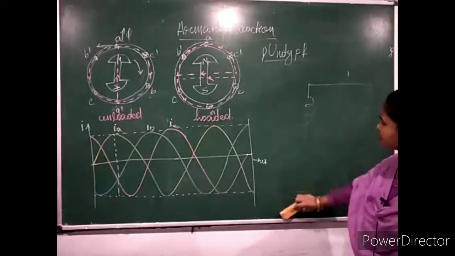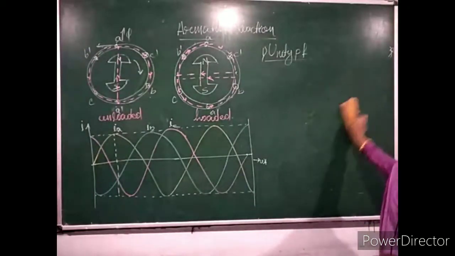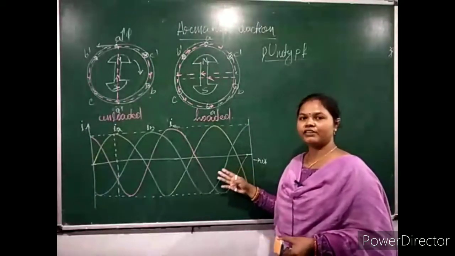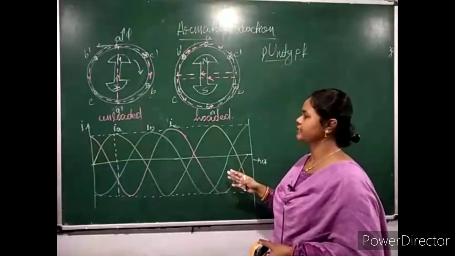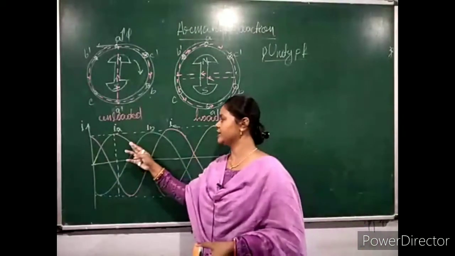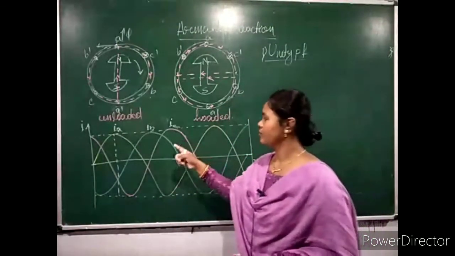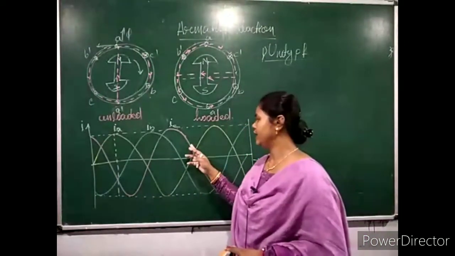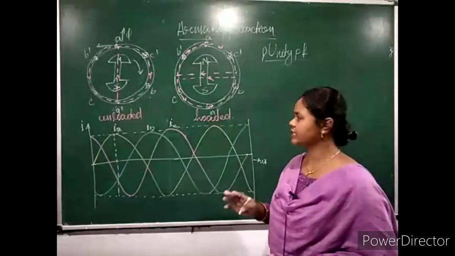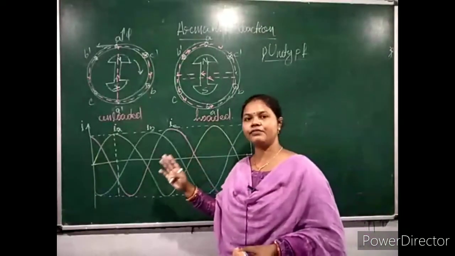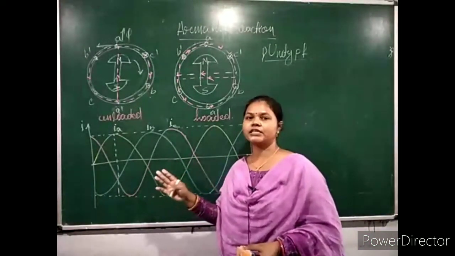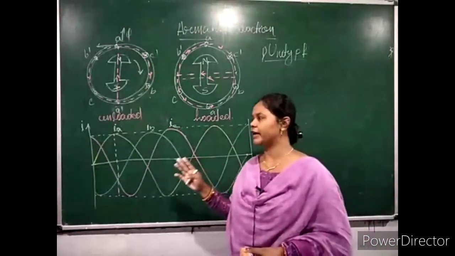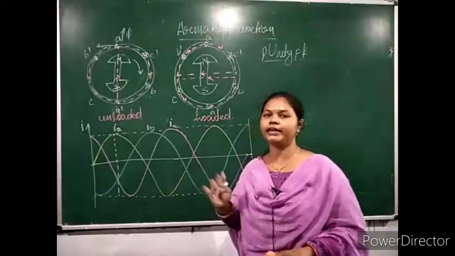So here in this waveform I show the waveform for three phase currents. The yellow color is for phase A, blue color is for phase B, and pink color is for phase C. As it is a three phase balanced system, these three currents are displaced from each other by an electrical angle of 120 degrees.